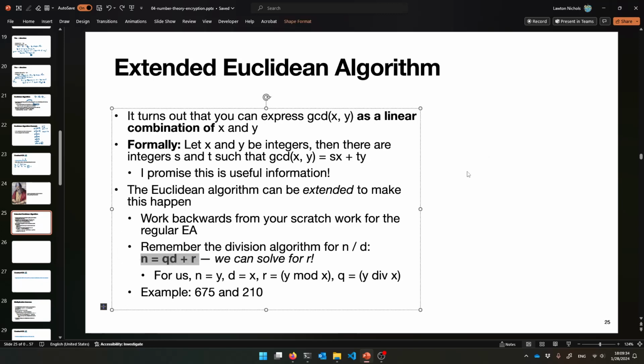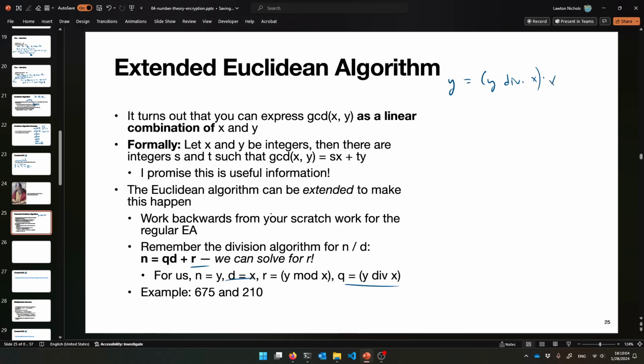If we plug that into the division algorithm, where n was y and d was x, because we're doing y mod x to get the r, you get that instead of n you have y, and instead of q you have y div x, times the x, because d is x, plus r, which is y mod x.